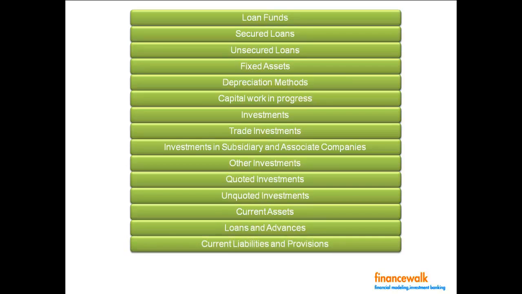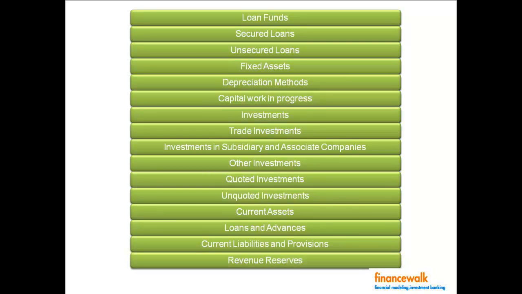Current liabilities and provisions. Like current assets, current liabilities are amounts due and payable by the company within the next 12 months. Provisions. Provisions are amounts set aside for a likely payment or expense which is estimated and likely to be incurred.